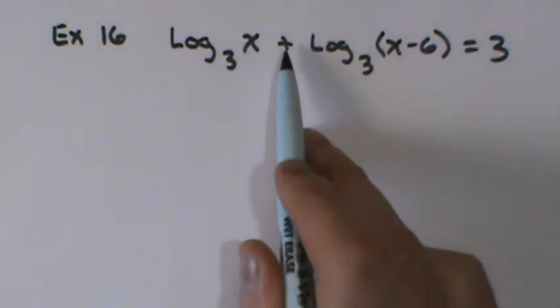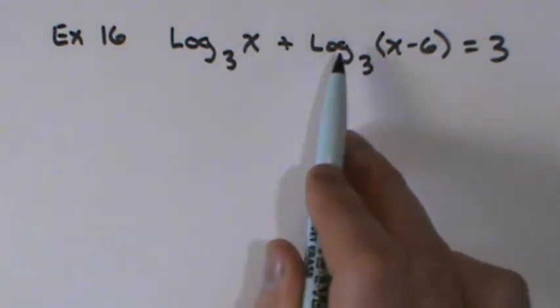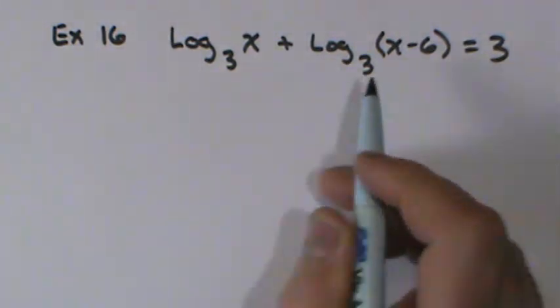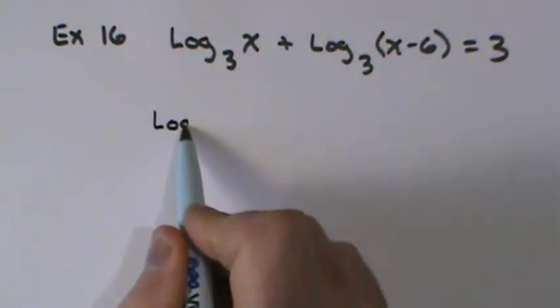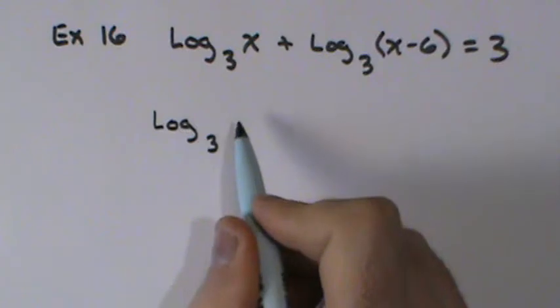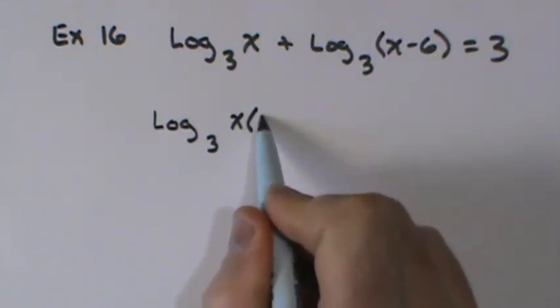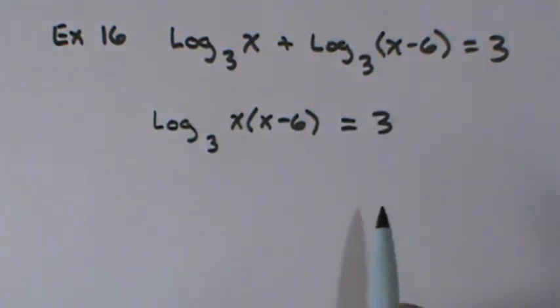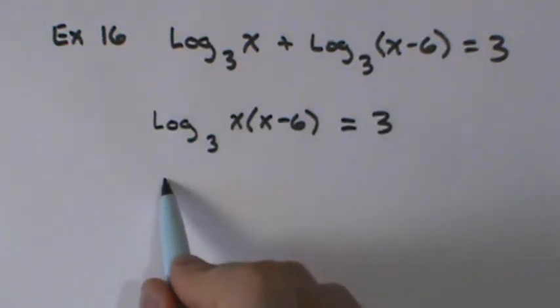Using our properties of logarithms, when I'm adding, it tells me that I can multiply those arguments. And so I'm going to condense this by saying log base 3 of x times x minus 6 is equal to 3.